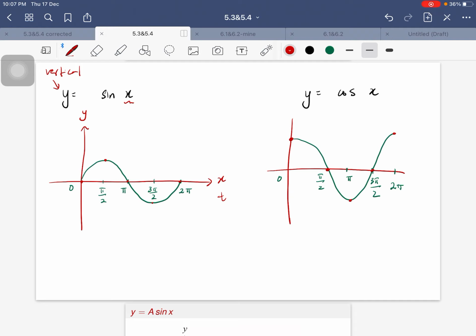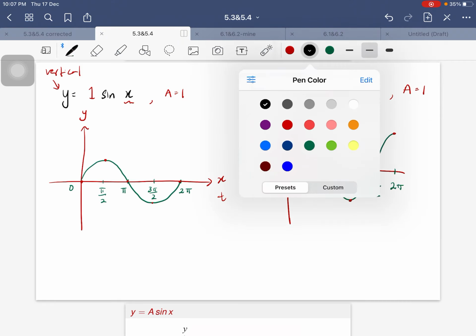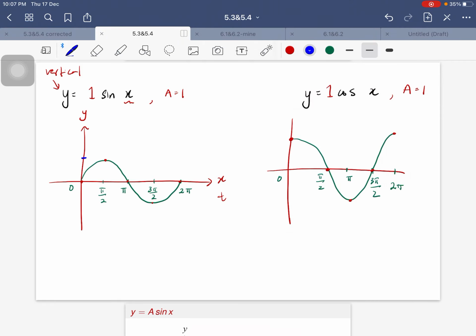Okay, so for this case, what is my a value? My a value is actually equal to 1. So a is equal to 1. When we write y equal cos x, basically the value of a is going to equal 1. And for this case, the a is going to determine the maximum and the minimum value. So when you have a value of 1, right away the maximum value here is going to be 1, and the minimum value is going to be negative 1.